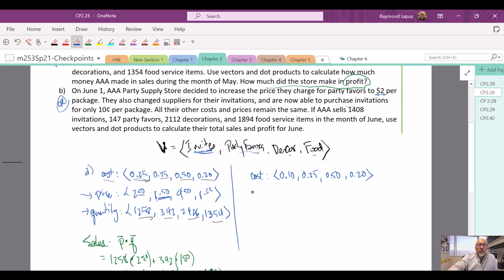The price that they are selling now, the party favors went up to $2, so the party favors, the second one, goes up. So the price for the invitations remains the same at $2.50. Party favors went from $1.50 to $2.